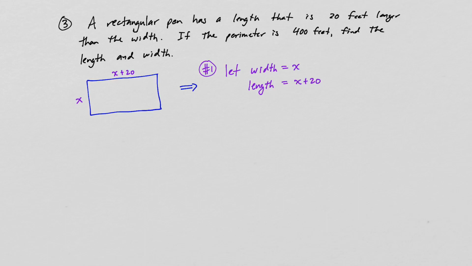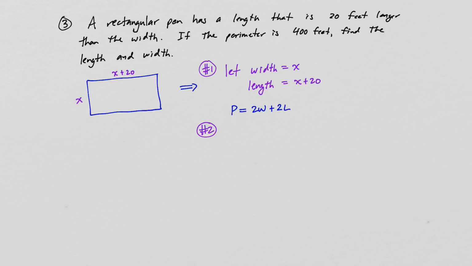Now we need to write an equation that represents the perimeter being 400 feet. And so to do this, it's going to be really helpful to have the perimeter formula for a rectangle. And the perimeter formula is P equals 2 times the width plus 2 times the length. And to get the equation that we need to solve here, all we have to do is substitute the values for the perimeter, which we know is 400.